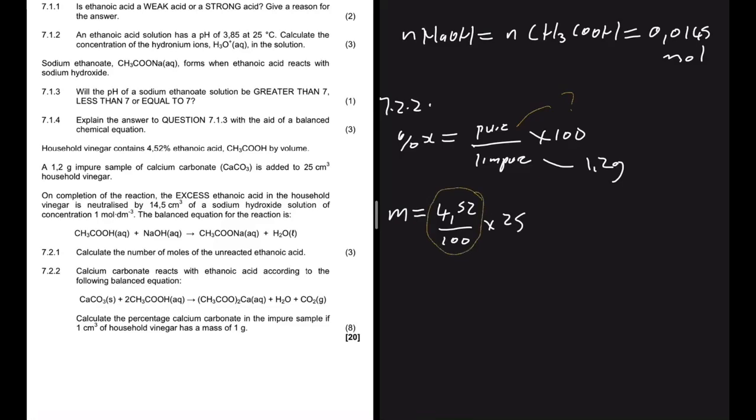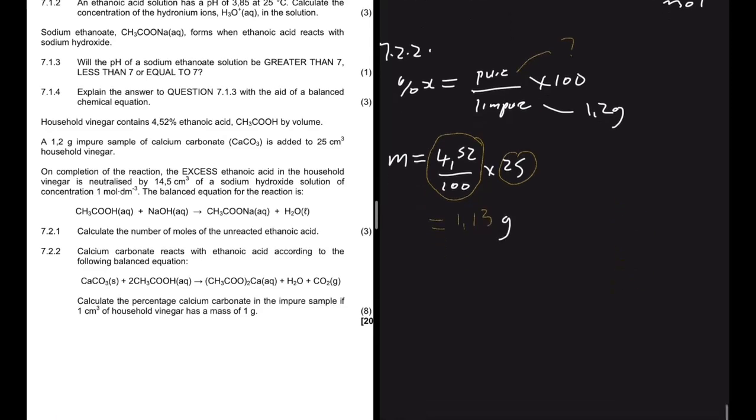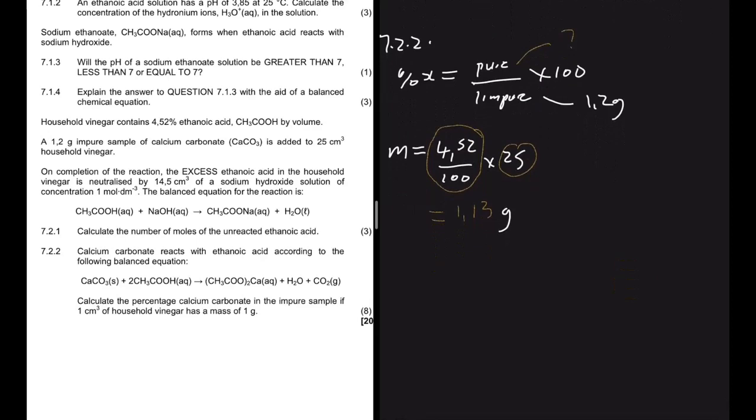And then we are told in the question that 1 centimeter cube, we can take it as 1 gram, right? So that's exactly what I'm doing there. So we're gonna have 4.52 divided by 100 multiplied by 25, which is equal to 1.13 grams, right?